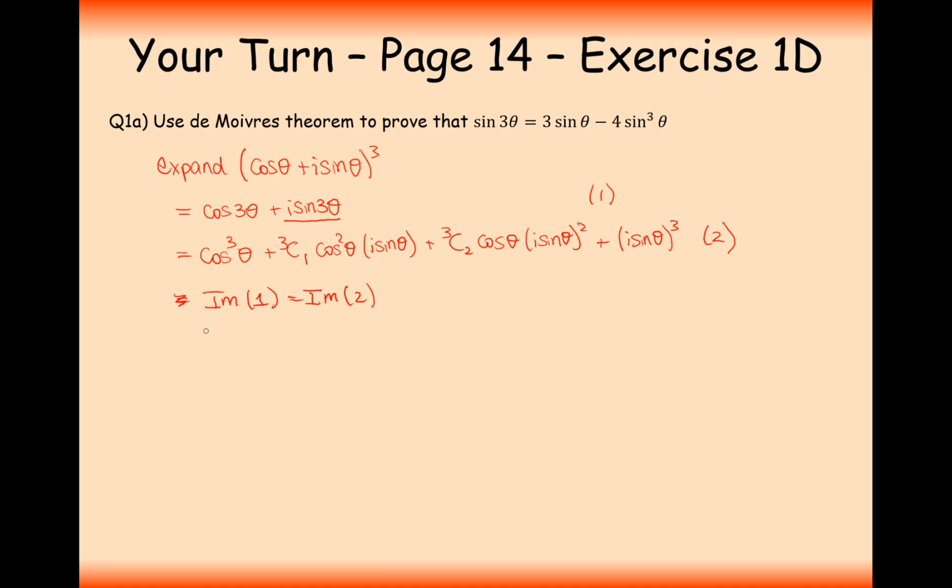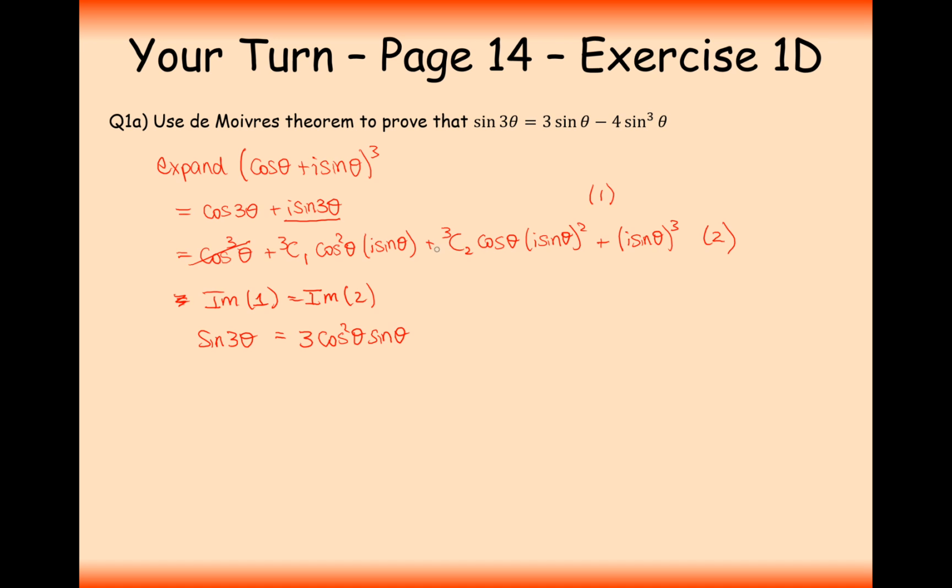On the top one is going to be sin 3 theta equals, now we're just looking for imaginary things, cos^3 theta, that's not imaginary. This expression here will be imaginary, it'll be 3, because that's 3 choose 1, cos^2 theta, i, but we know it's imaginary, so we don't need the i in it, sin theta.